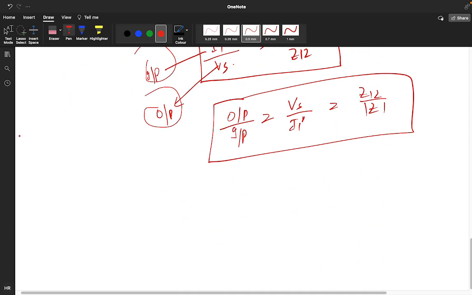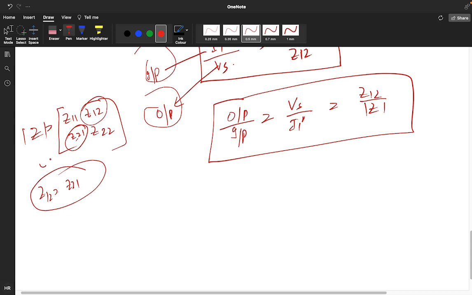In a Z parameter, Z11, Z22, Z12 and Z21: Z12 and Z21 will always be equal.